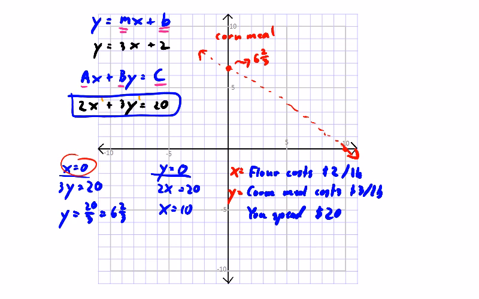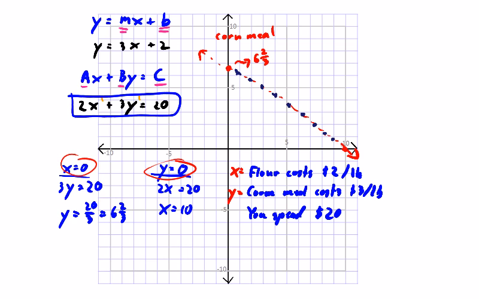On the other hand, we could buy no cornmeal. And if we buy no cornmeal, we can get 10 pounds of flour. But consider all of the other points on the line. There are an infinite number of possibilities of combinations of flour and cornmeal that we can get.